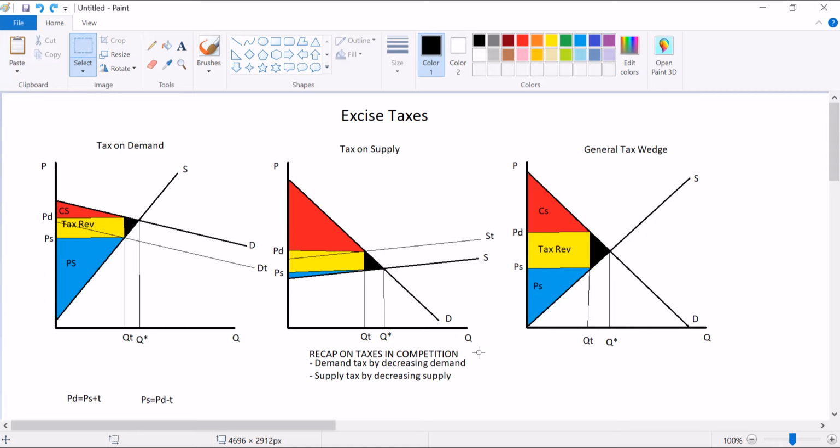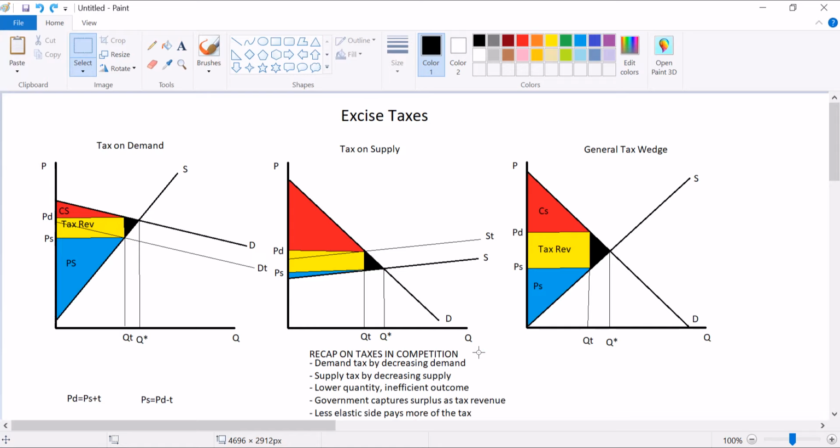If you put a tax in the market, there's going to be a deadweight loss because the tax will reduce the quantity sold and prevent some mutually beneficial transactions. The government will capture some of the surplus as tax revenue. We haven't seen that before. Some of the consumer and producer surplus will be captured by the government because it's all measured in dollars.